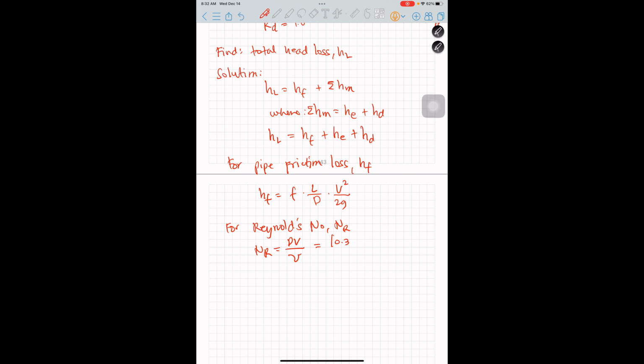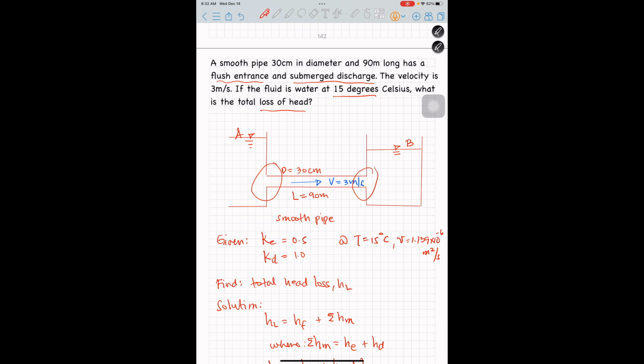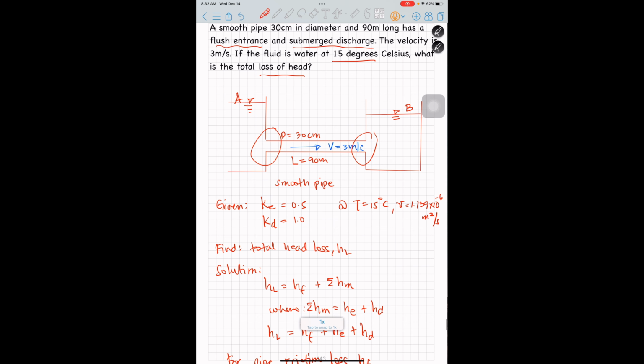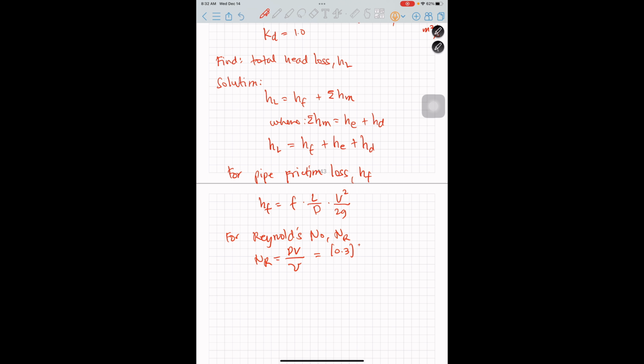For the diameter, you have 30 cm, so in meters, that is 0.3. Then the velocity is 3 meters per second, divided by 1.139 times 10 to negative 6. So the Reynolds number is equal to 790,166.813. This is greater than 2,000, so the flow here is turbulent.